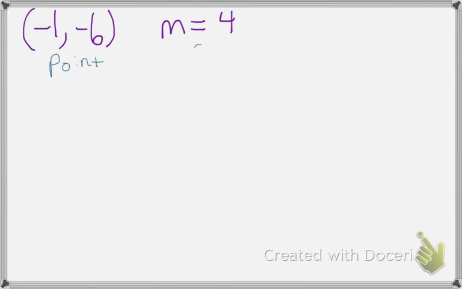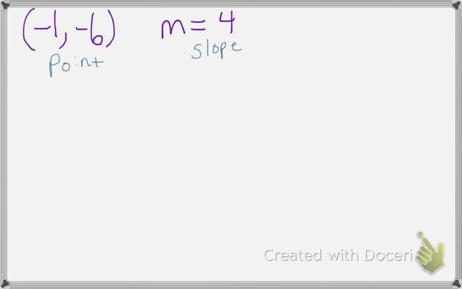The next one. Let's say I give you -1, -6, and m equals 4. Well, what do we have? This is a point. This is a slope. So we use the point-slope formula.